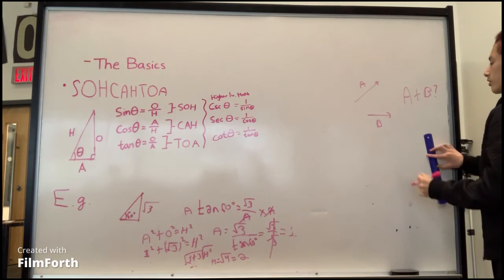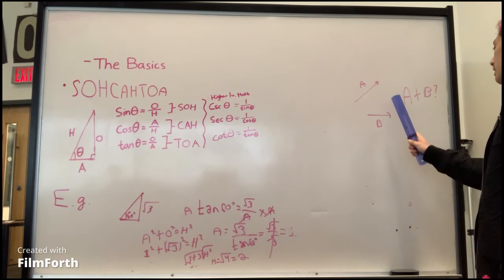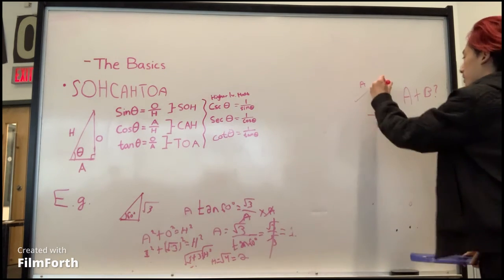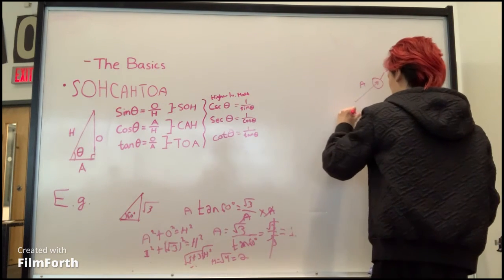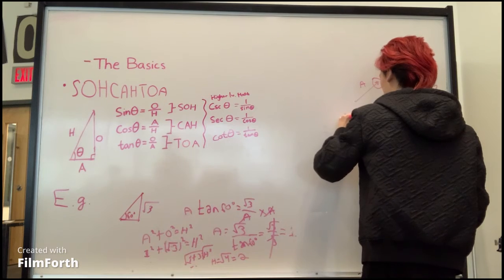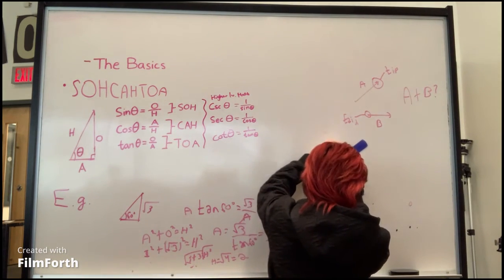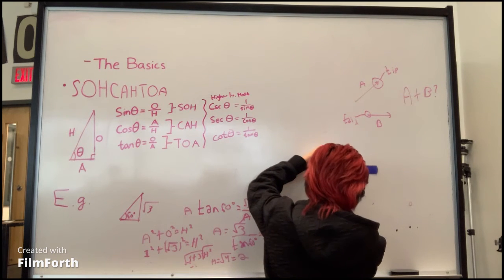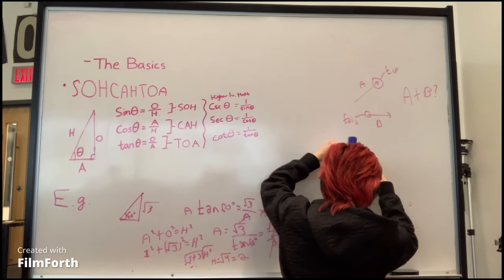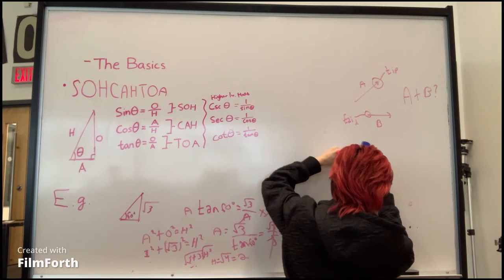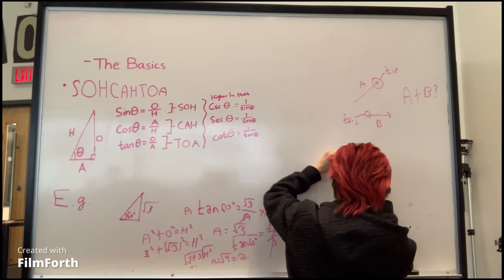The rule for adding vectors is that you add the tail of the vector getting added to the tip of the first vector, the tip being the head. Therefore, as a result, A plus B will give me this. And the sum of these two vectors will give me this vertical vector over here. And I get a right triangle.